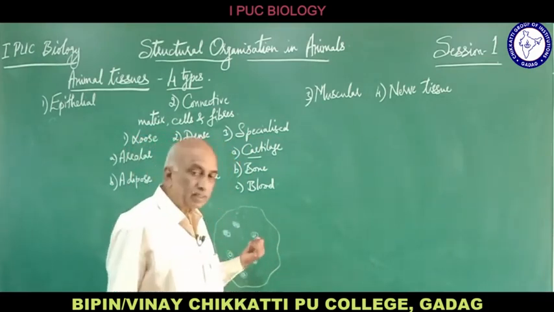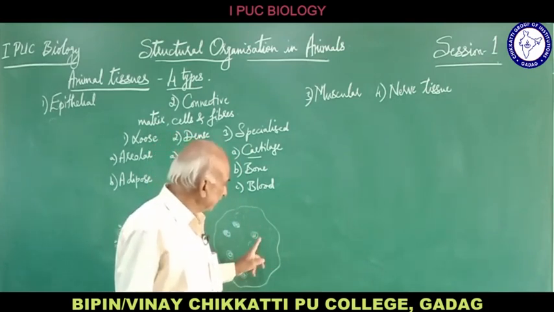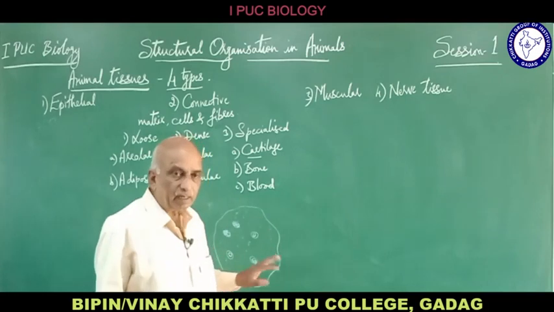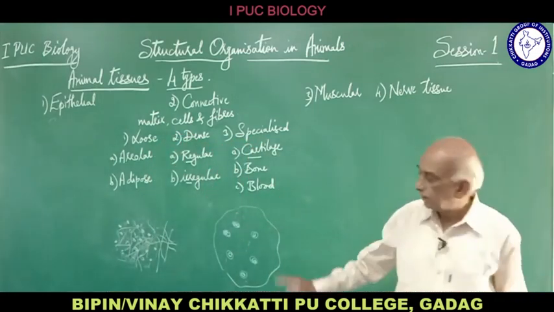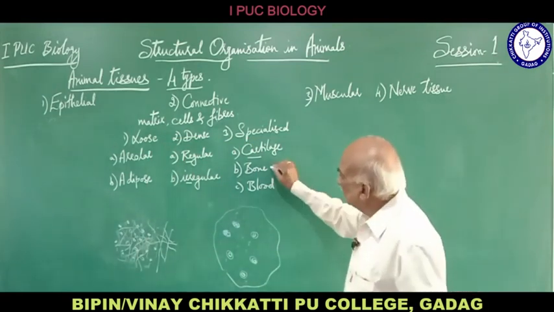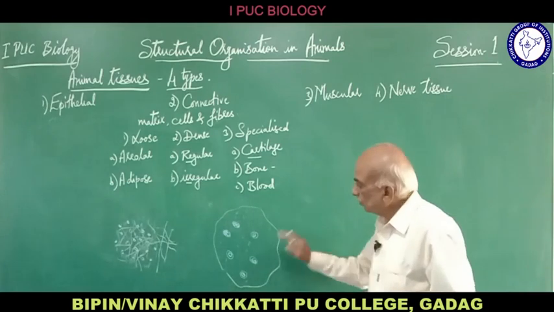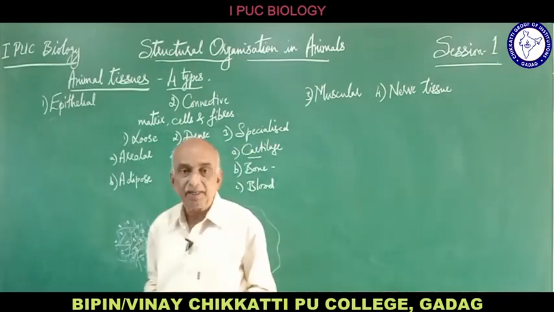This is the structure of cartilage: cells, cavities and matrix. And there are collagen fibers in this matrix. Then coming to the bone, though it appears to be non-living in nature.